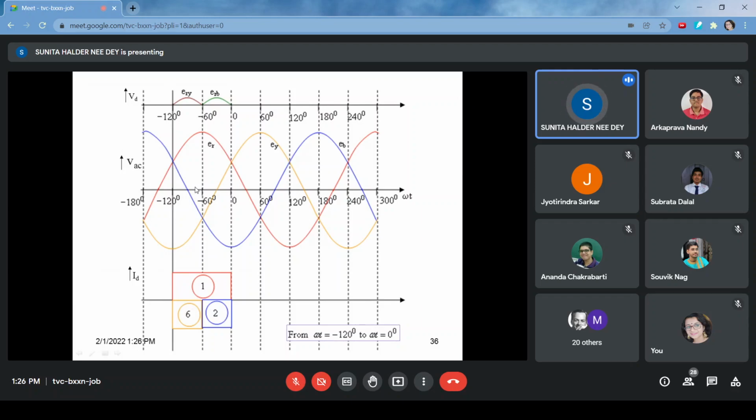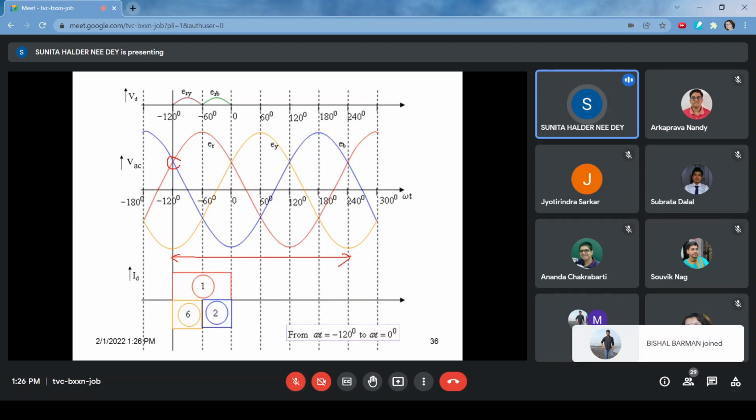So let us assume that we start from minus 120 degrees. If we want to get the 360 degree span, then I shall start from 120 degrees and go up to 240 degrees, right? If you do not understand, then you must interrupt me. So at omega t equal to minus 120 degrees, R phase is most positive.